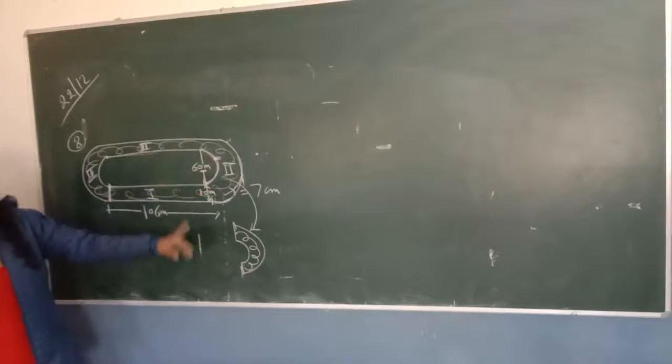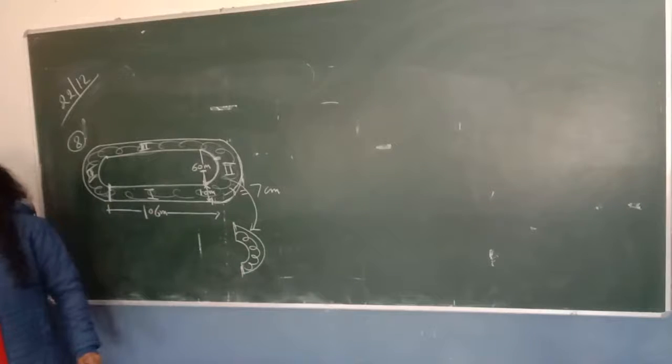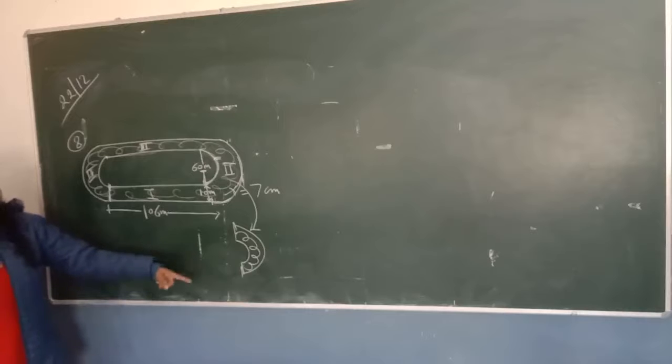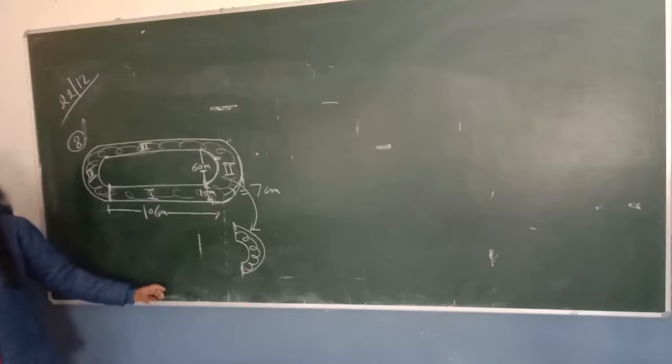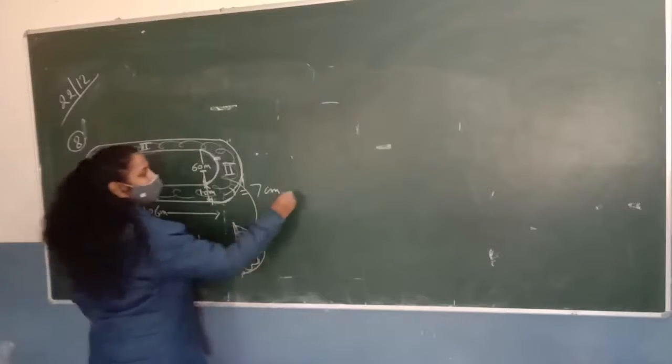Now how can we find the area of this one? First we take radius 40 and find the area, then subtract the inner circle's area from it. Very good. So actually this is the half portion of the ring.